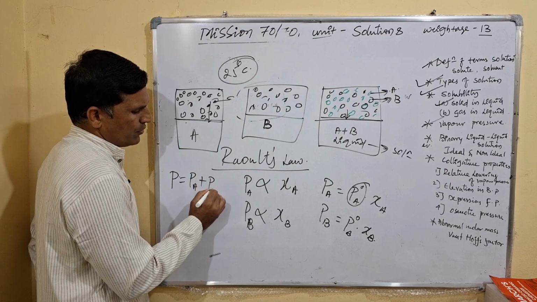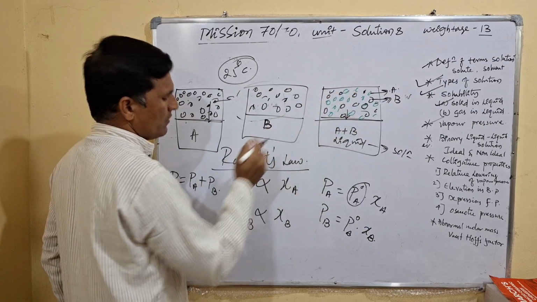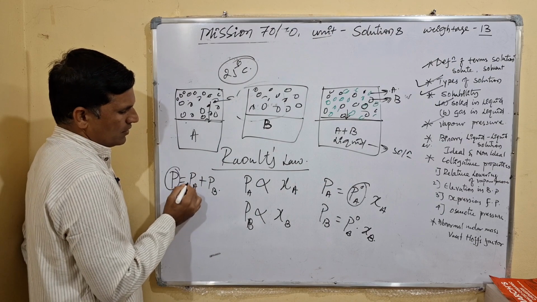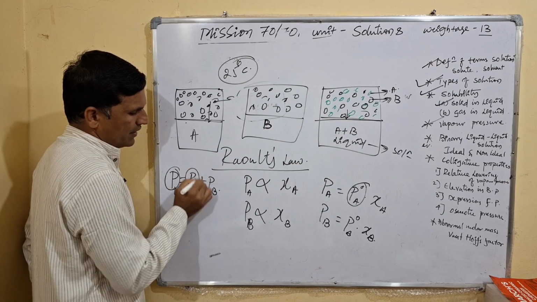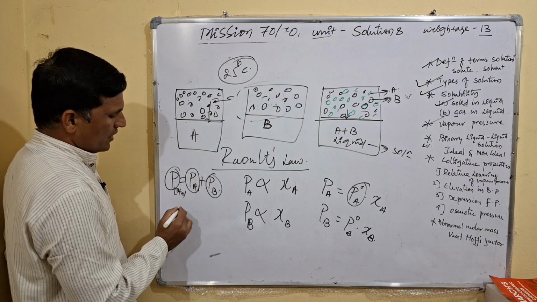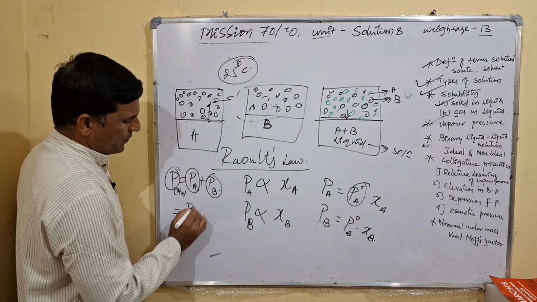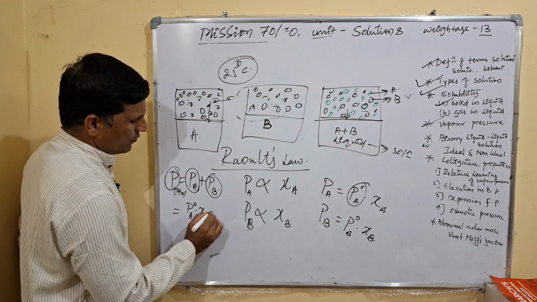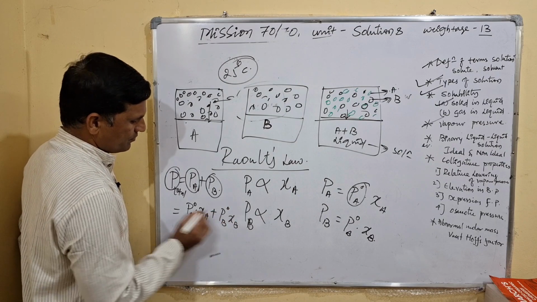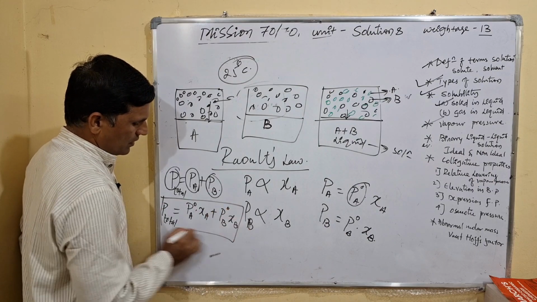Here two components are there in the vapor form, one of liquid A, another of liquid B. So the total pressure is always equal to the partial pressure of liquid A plus the partial pressure of the vapors of liquid B. If you substitute, you will have P naught A into XA, the mole fraction of A, plus P naught B into XB. That is nothing but P total.